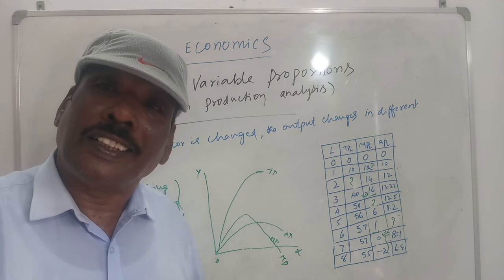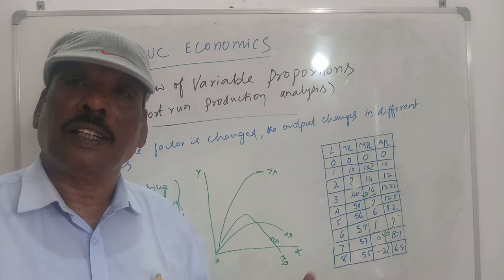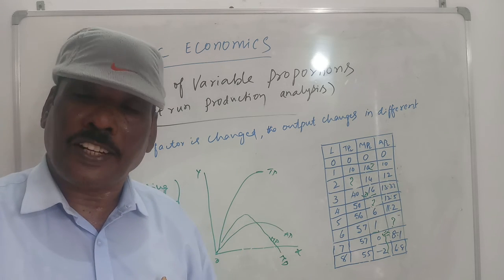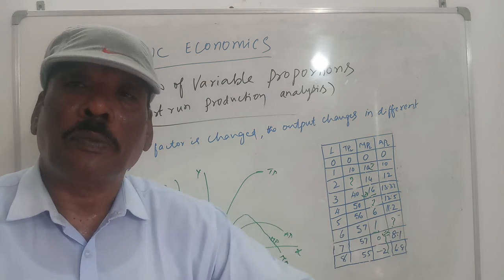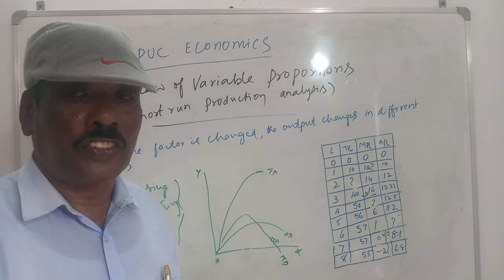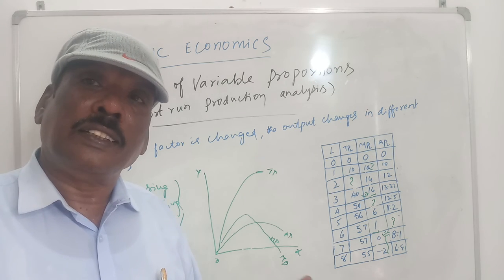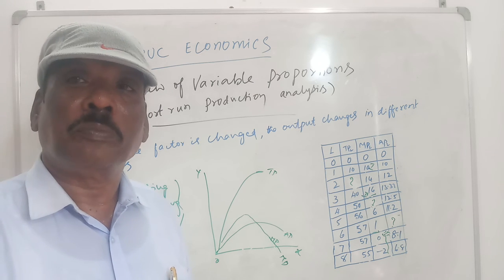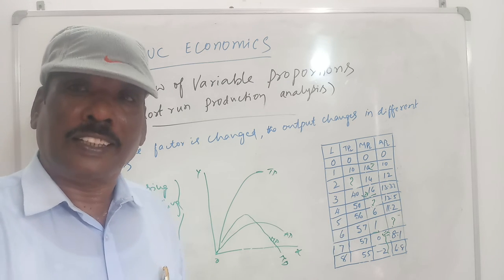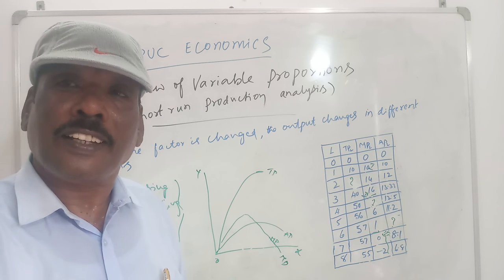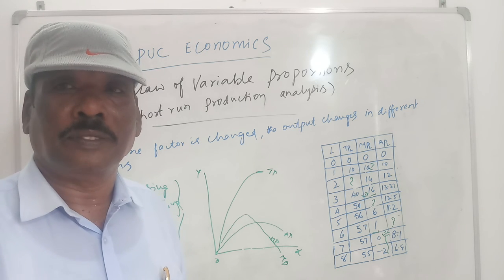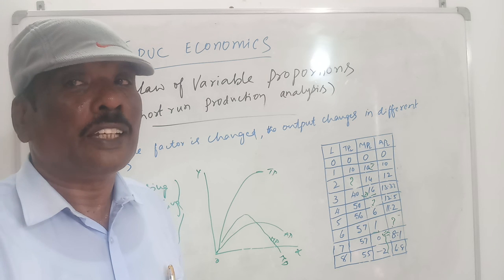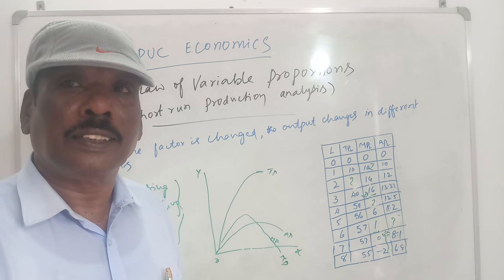One, it increases in the beginning and then it diminishes, second stage. The third one, it becomes negative. These are the 3 stages. But in the law of returns to scale, we will have 3 stages, but they are not like this: increasing returns, constant returns, and diminishing returns. That we will be dealing with later, right?